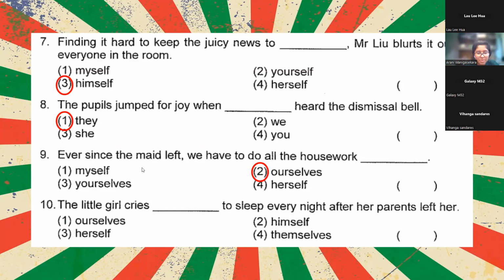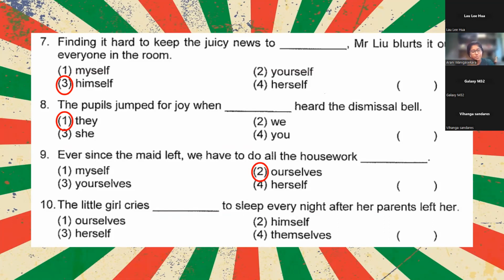Okay, so you can't use the word yourselves because this sentence has the word we, right? So when you have we, basically we're referring to a number of people, including myself. So you can't say yourselves. So it has to be ourselves because it includes me as well. And again, you can't use herself because it's not singular and you can't say that it's a female. So the answer is ourselves.